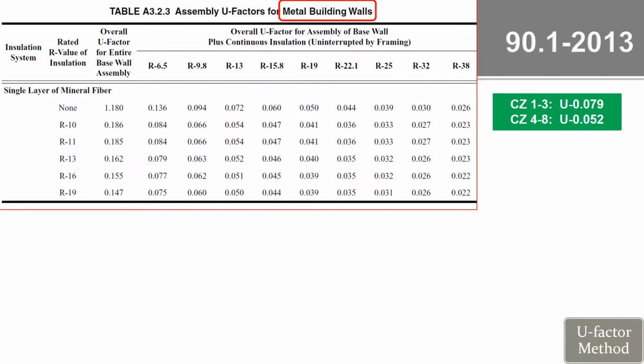In this table, it just goes down to R19. You have single layer fiberglass. These are the U factors, and no other options are below this. You have the option to go with continuous insulation only to get closer to these U factor numbers, such as R19 or R13 continuous insulation, so that would be none, no fiberglass, just all continuous.